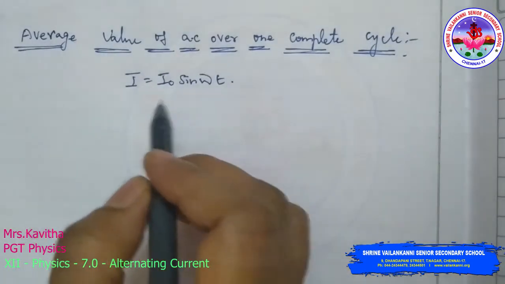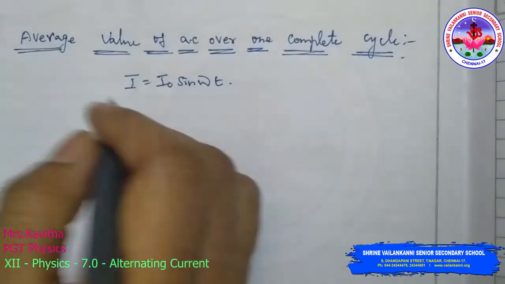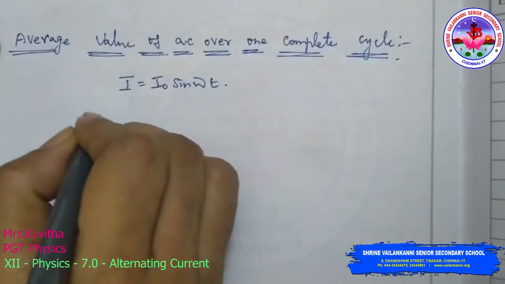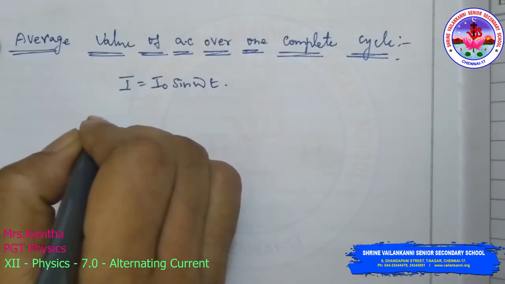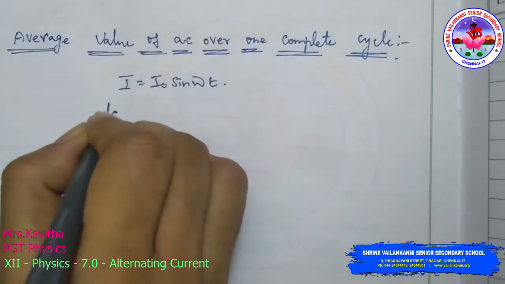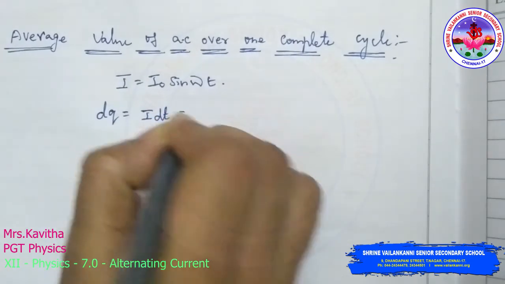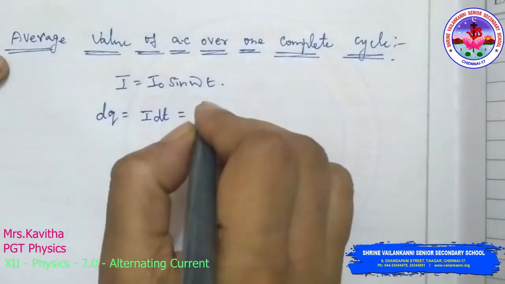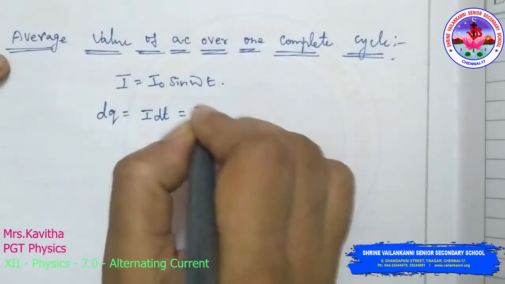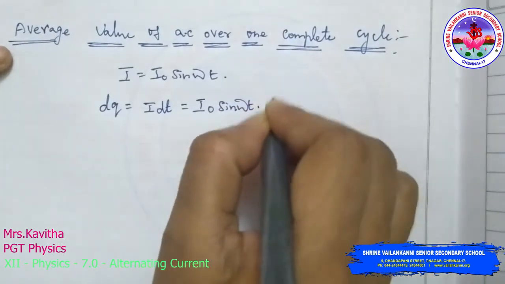Assuming that the current remains constant for a small time dt, the small charge that flows through the conductor is dq equal to I dt, which is I naught sin omega t into dt.